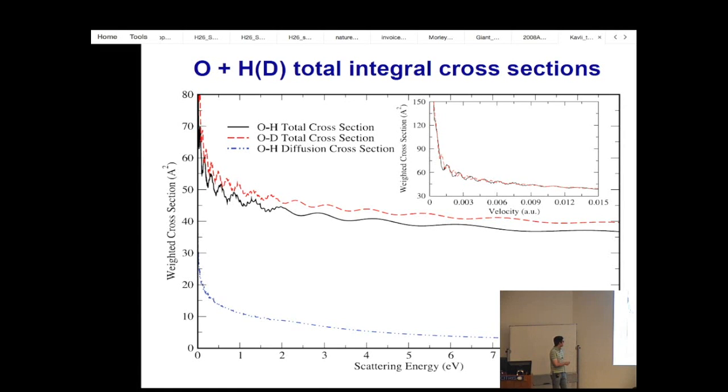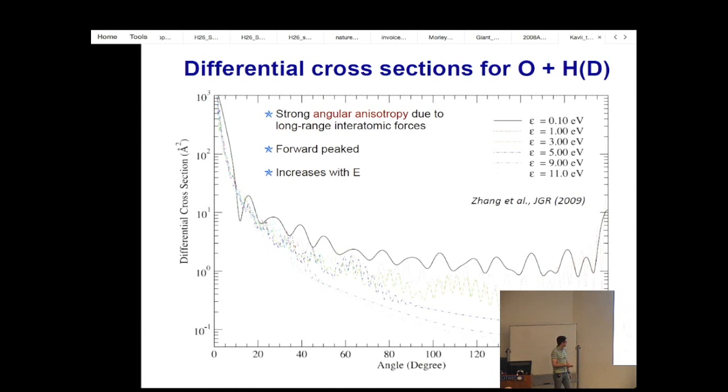Now, the important thing here is that when this is compared to the hard sphere, these cross sections will have pretty strong anisotropy. This is caused by the fact that the long-range forces are not going to be fully spherically symmetric. And also the process is directional. So it's not like scattering in all directions equally. And because of that, there'll be some effects.